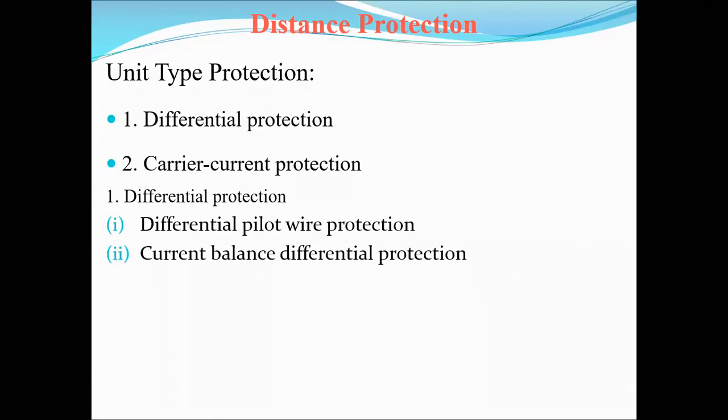It is only suitable for lengths below 8 to 15 kilometers. That is the main disadvantage in the case of differential protection. That's why we designed the carrier current differential protection for feeder lines.